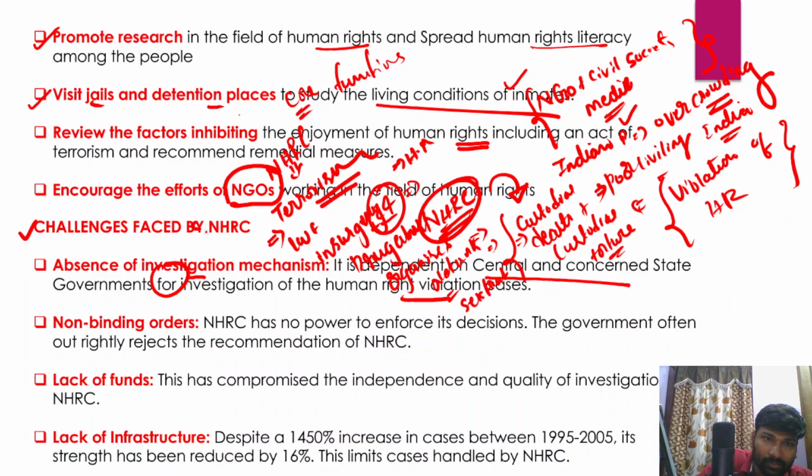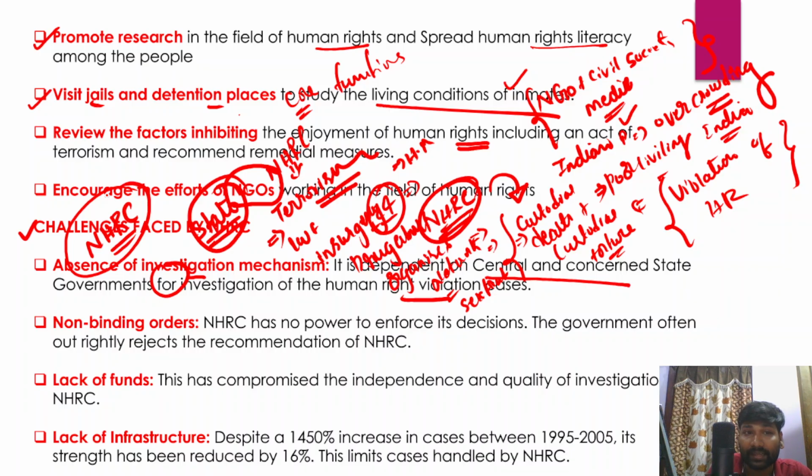Now, here the state is mostly responsible for the violation of human rights of people. But when NHRC is to conduct an investigation or an inquiry, it very often depends on the central and concerned state governments for the investigation and inquiry into the violation of human rights. Don't you think that it has flaws?